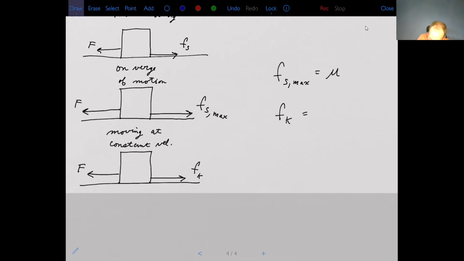So for the static frictional force, we use mu s, and it's times the normal force. So it's proportional to the normal force. So this mu s here is the coefficient of static friction. And the N here is the normal force.